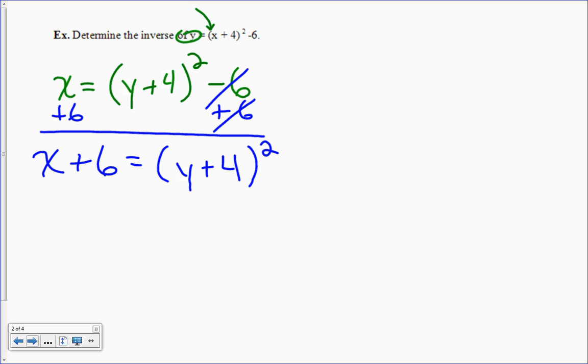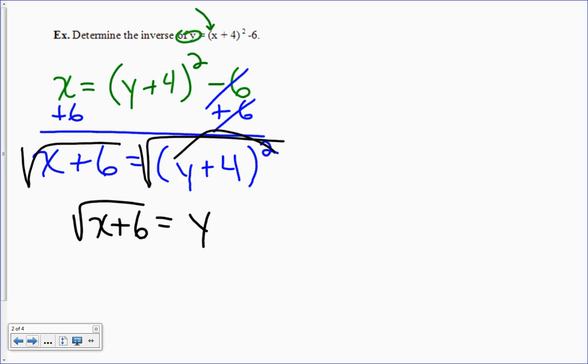So again, when you take the square root of equations, you have to take it of both entire sides. You can't just take it of pieces. Okay? And so now taking the square root is a much better option. So it's the square root of x plus 6 equals y plus 4. And we're almost there.